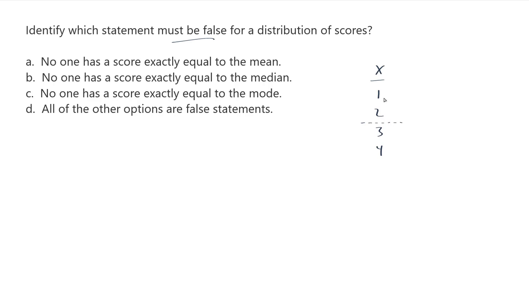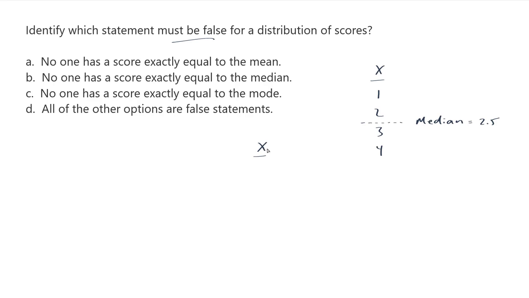So I have 2 scores that are below this line and 2 scores that are above, in terms of their value. So my median in this case would be the average of these two. It's going to be 2.5. And you can see that no one score is exactly equal to 2.5. So here's a case where nobody has a score exactly equal to the median.